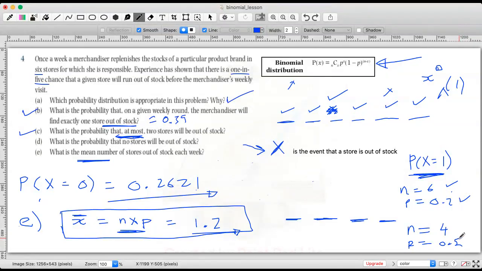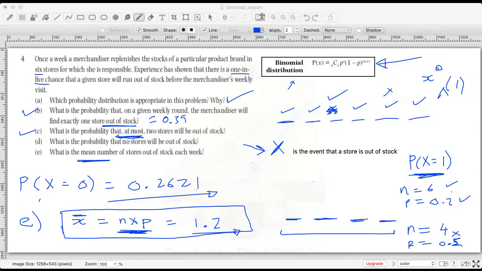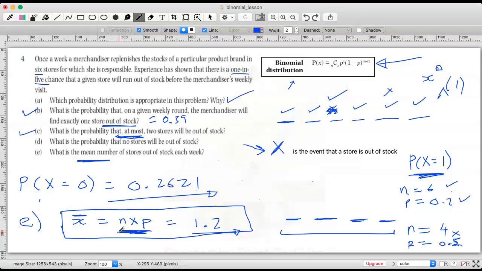And how you got the 2 is you multiplied your p, 0.5, times 4. Does it make sense why this formula intuitively makes sense? I used the example of the coin, and you didn't even use the formula. All right, fantastic. So that's why the average is determined by n times p.